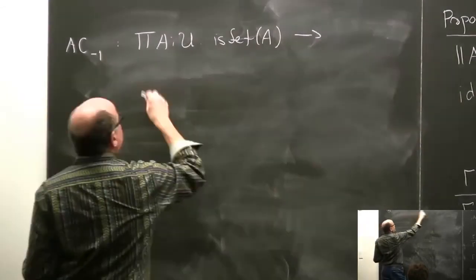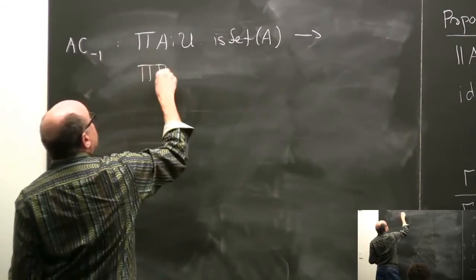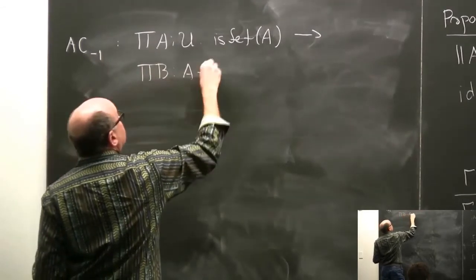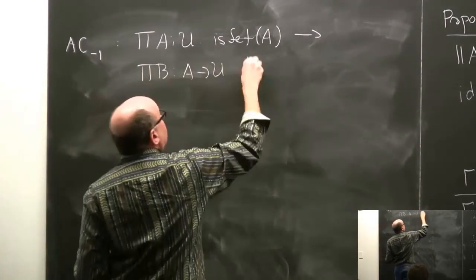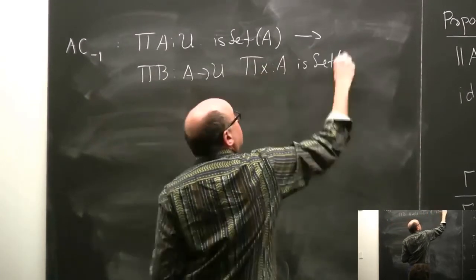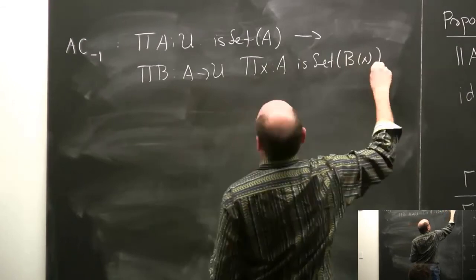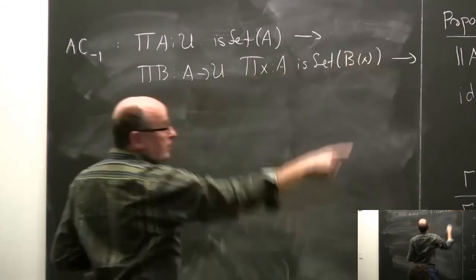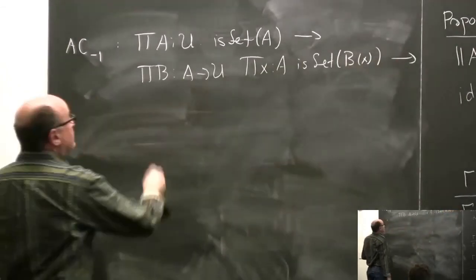So I say, if A is a set, and you give me a family of types with the property that for every x in A, each of those types is a set. That's the quantification prefix.